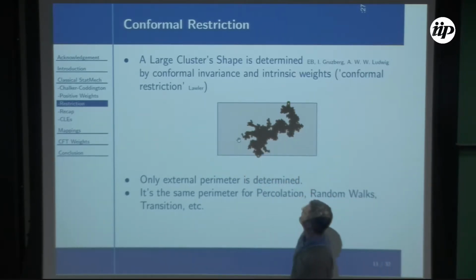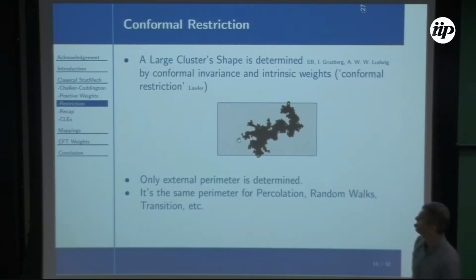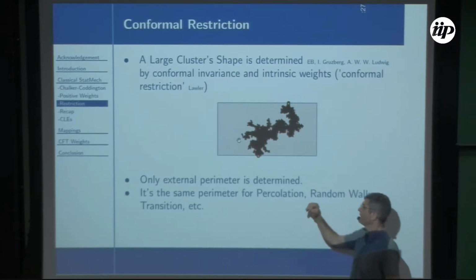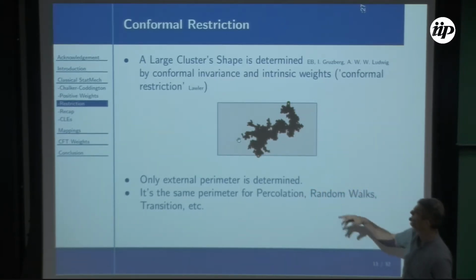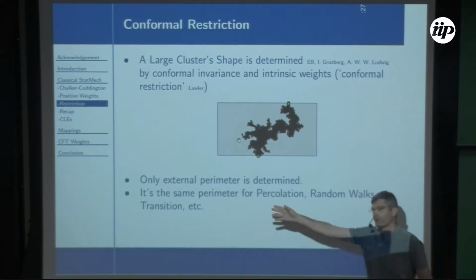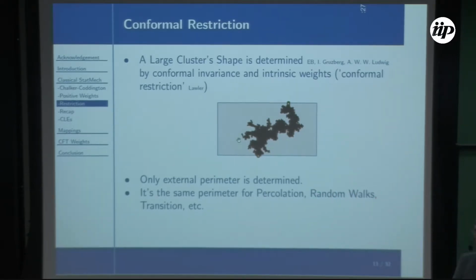So a lot of statistical systems, quantum and classical, have this property of conformal invariance and intrinsic weights. So percolation, for example, has this property. It's basically c equals 0. So percolation, random walks, the integer quantum Hall transition, other Anderson transitions, etc., all have this property.